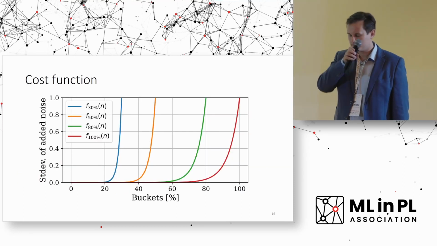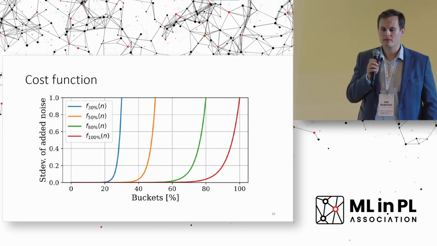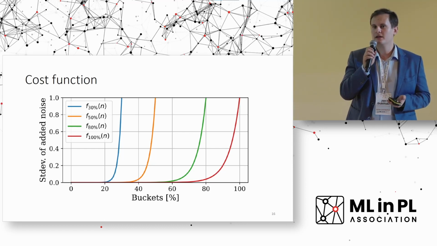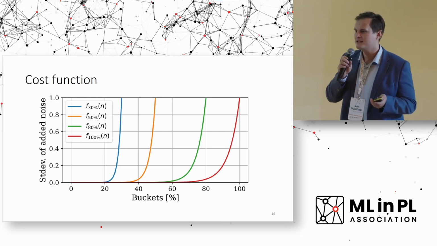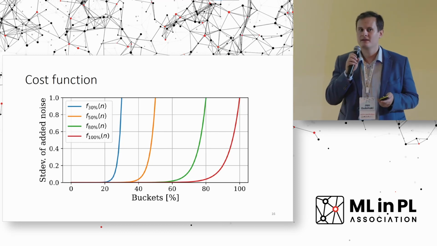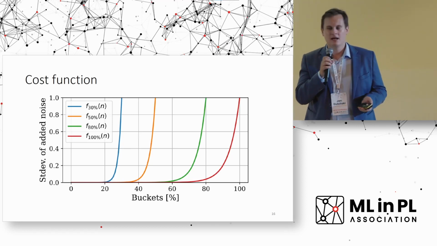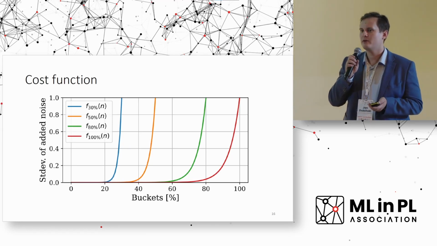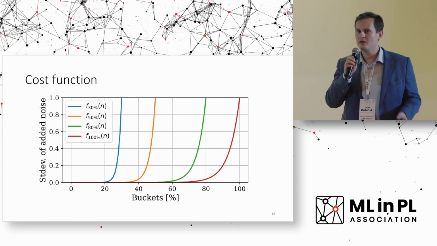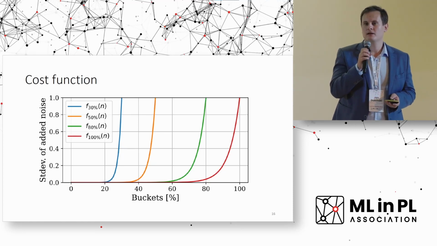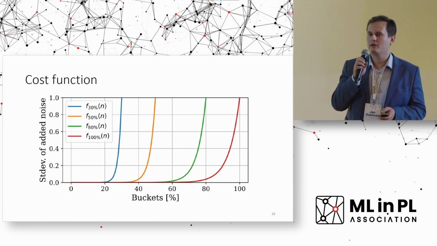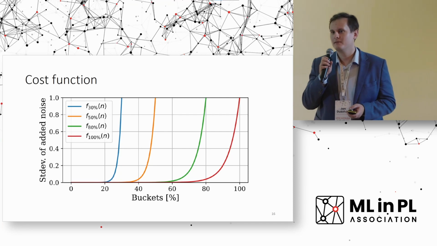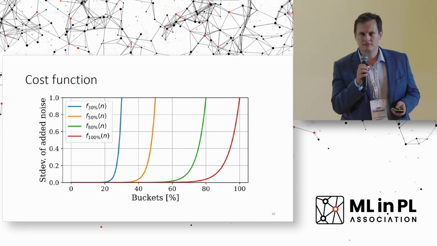The cost that we decided to go with to prevent stealing is, in this case, adding noise to the representations returned to the user. So with a high number of buckets comes high noise added to the representations.